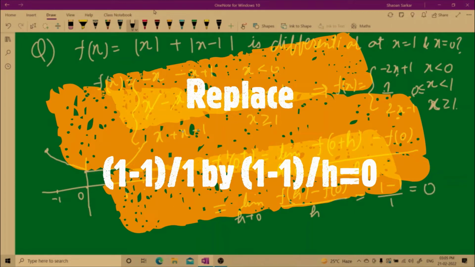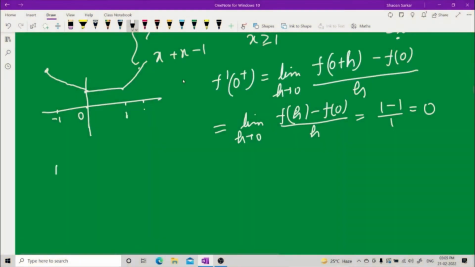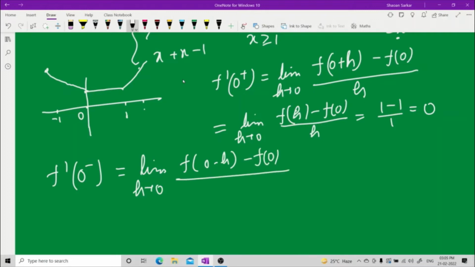Now we will check the left hand derivative. The left hand derivative, f'(0-), would be the limit as h tends to 0 of (f(0 - h) - f(0))/(-h).